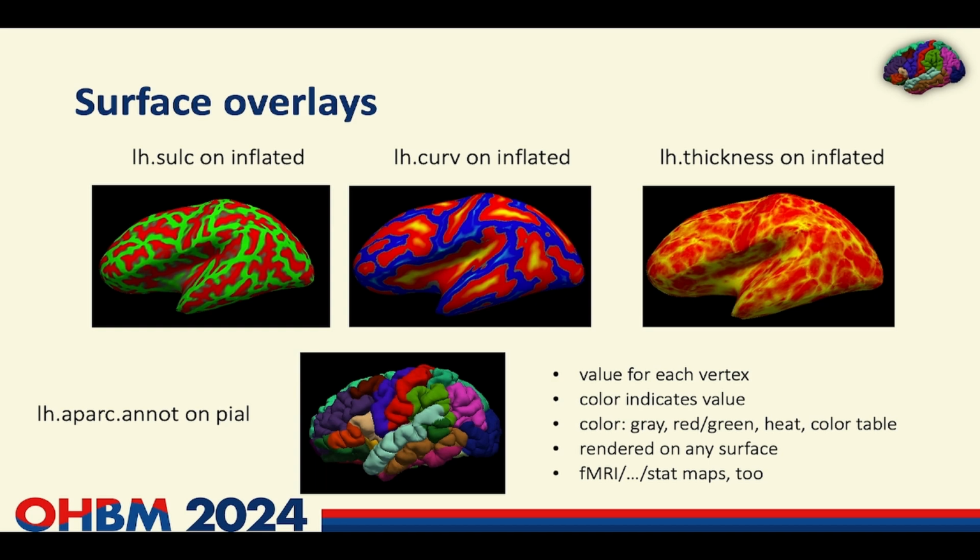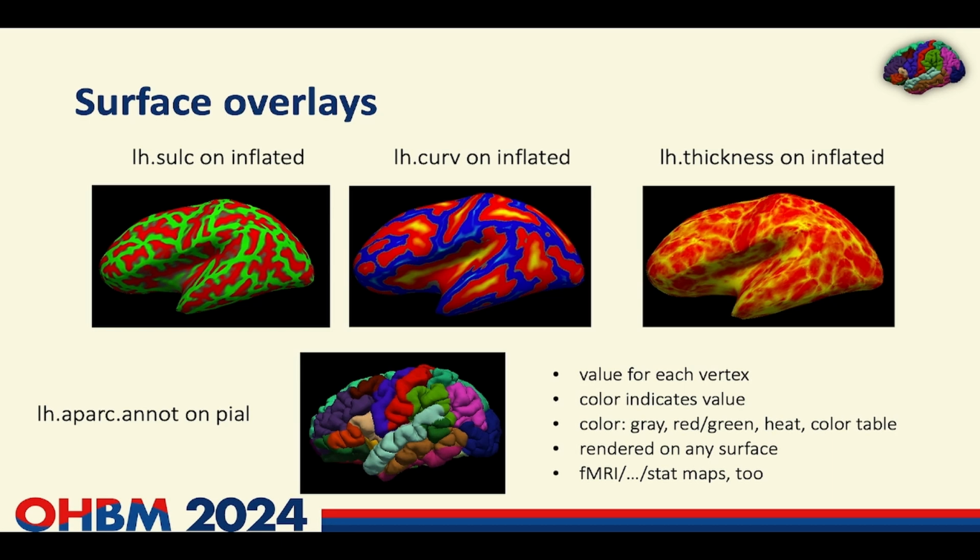As I mentioned, there's a single value for each vertex in the case of these feature maps. The color here indicates the value. We have default lookup tables that you can use in order to match previous publications or previous work, but you can definitely define your own lookup table if you have additional labels or you want to distinguish between certain areas.